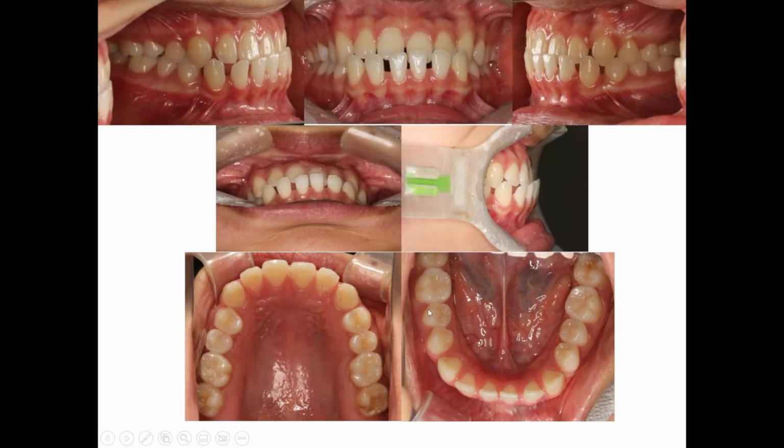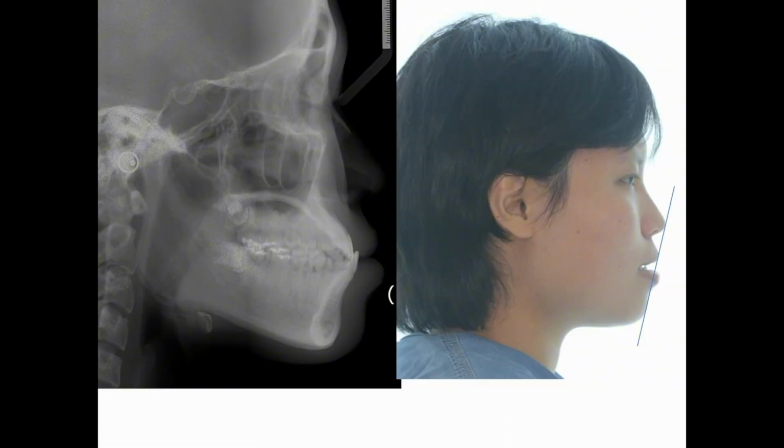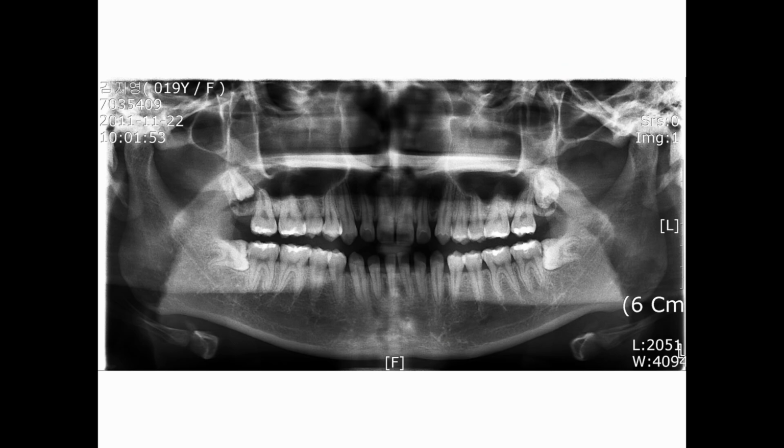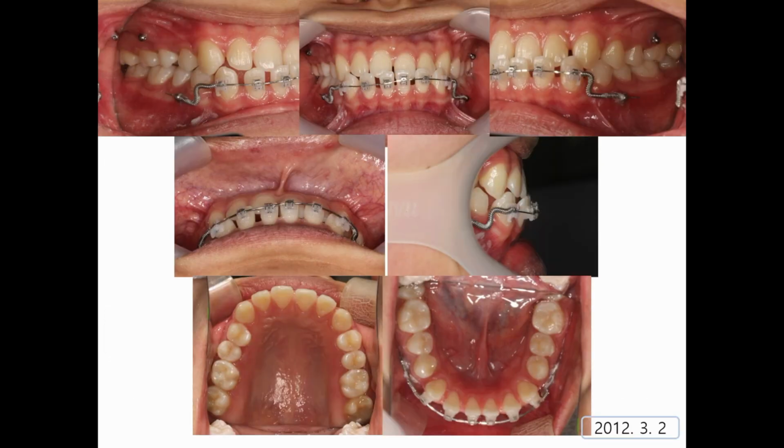The chief complaint is lower anterior protrusion. Brachyphase. So control of lower space to make collected space around here.